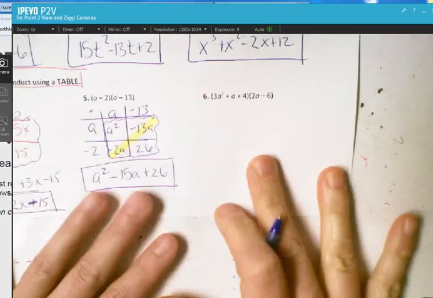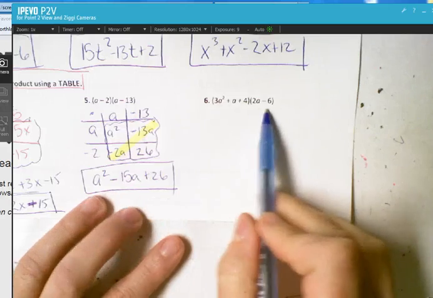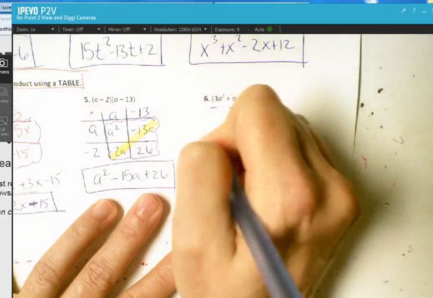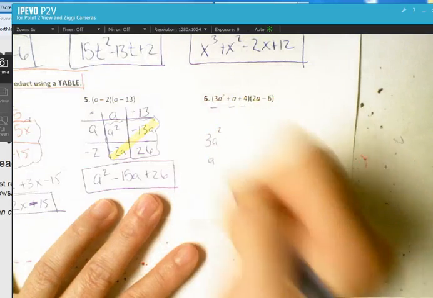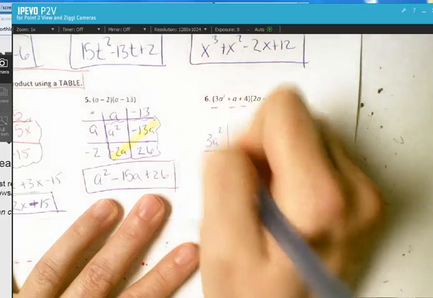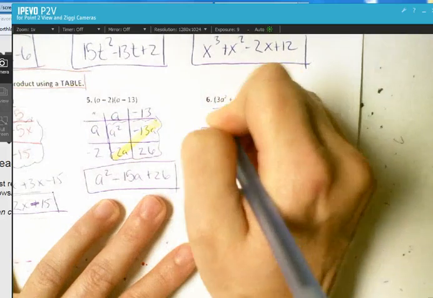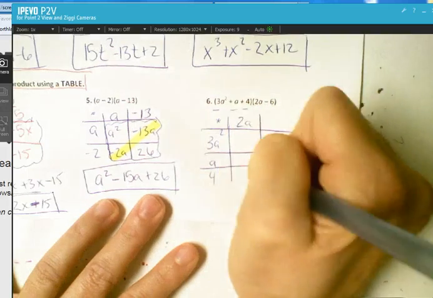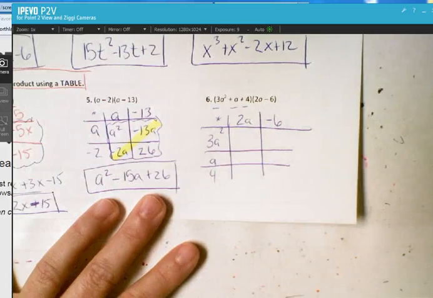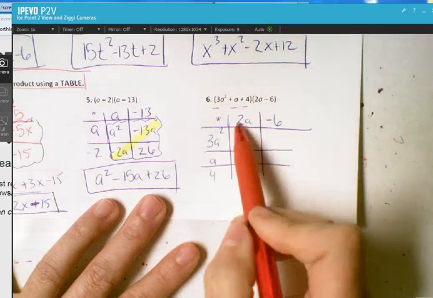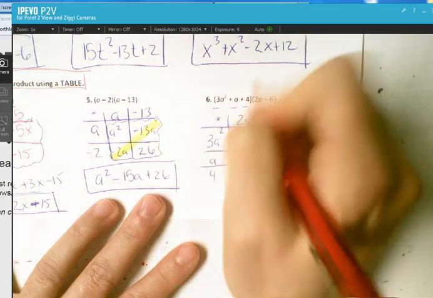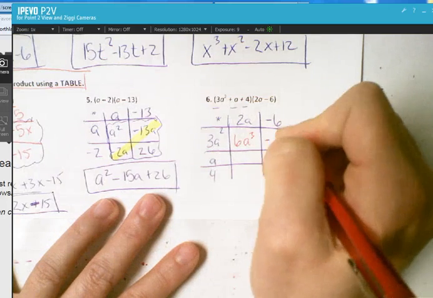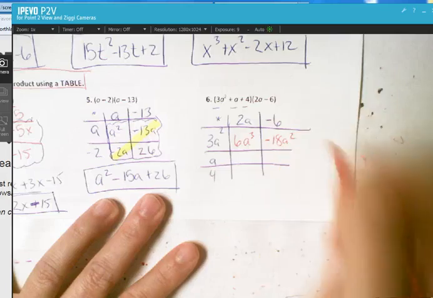So let's try that when we're doing a trinomial times a binomial. Using a table method, I want to take each of my terms, 3a squared, I have an a and I have a 4, and I'm going to make a table where I'm multiplying by the other terms, 2a and a negative 6. 3 times 2 is 6, a squared times a is a to the third. 3a times negative 6 is a negative 18a squared.